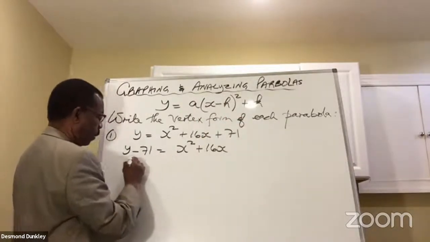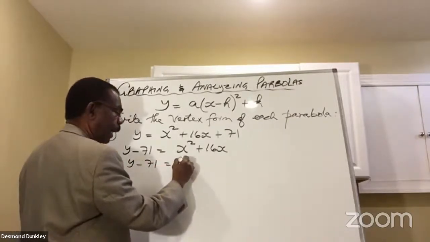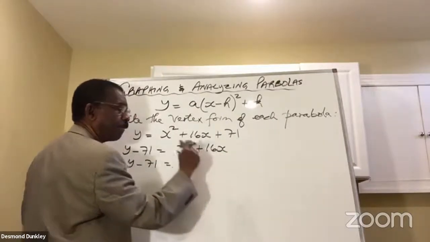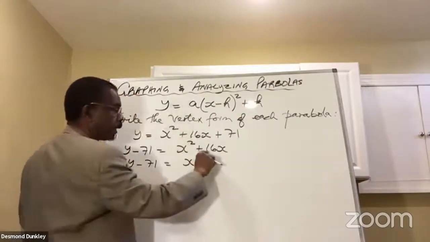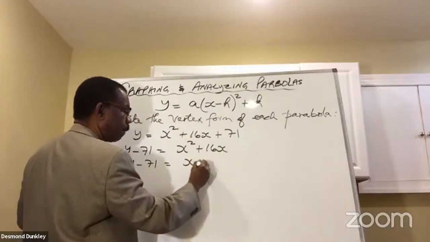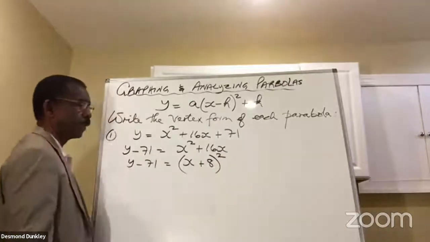It would have to be y minus 71 equal to x plus... You always take this number here and divide by 2. So this is 16 divided by 2, we end up with plus 8, squared.